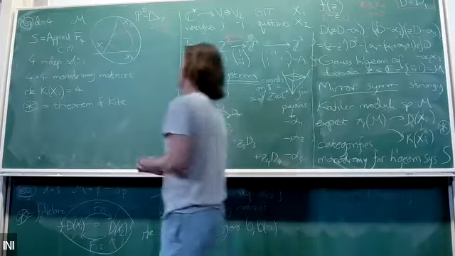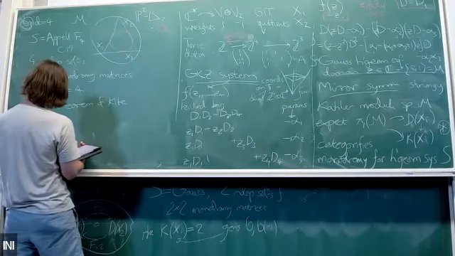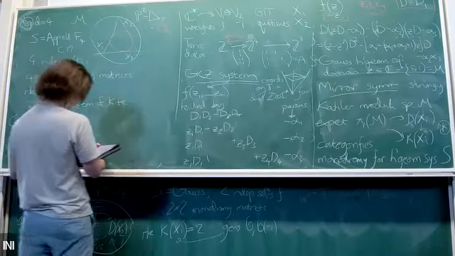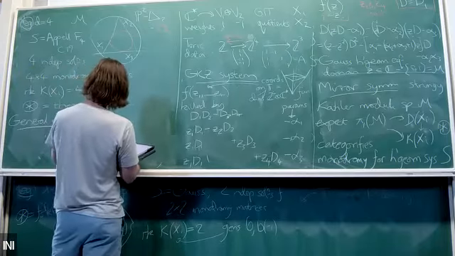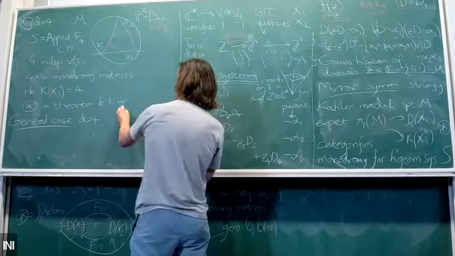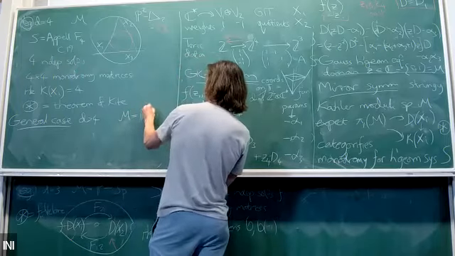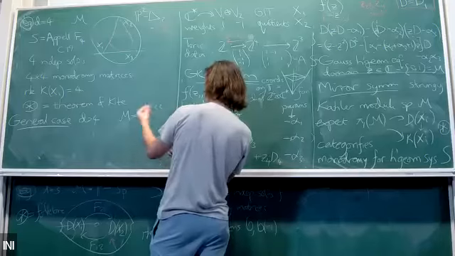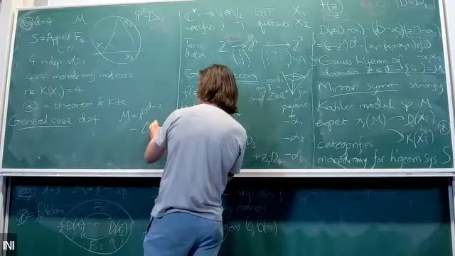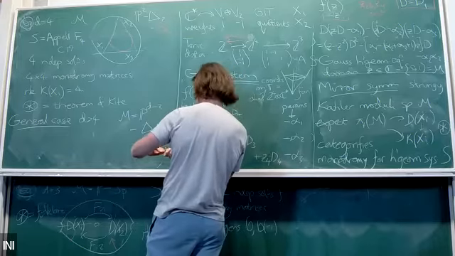But in general, for d greater than 4, my M is going up in dimension each time, so it's d minus 2, in fact. You remove the simplex, and you remove some other stuff.